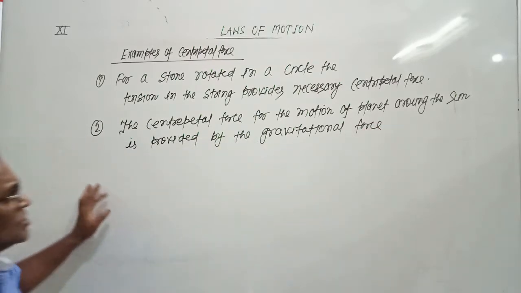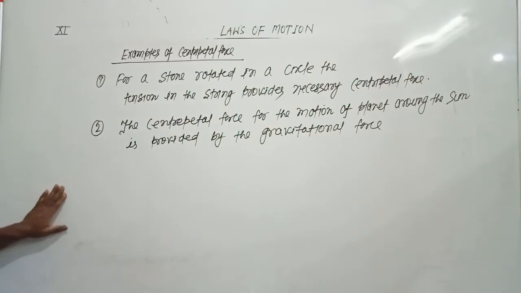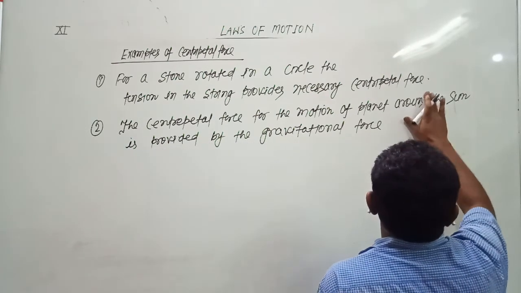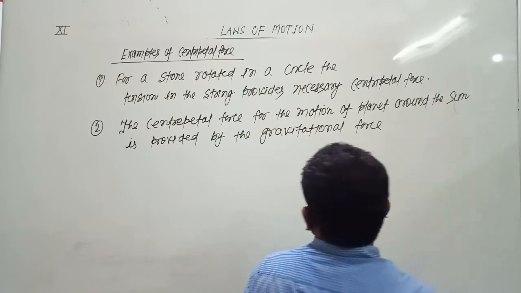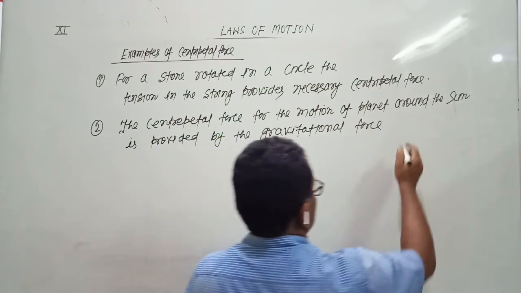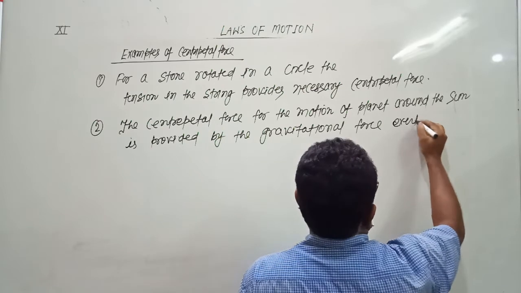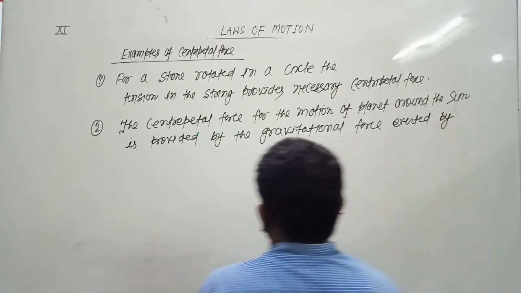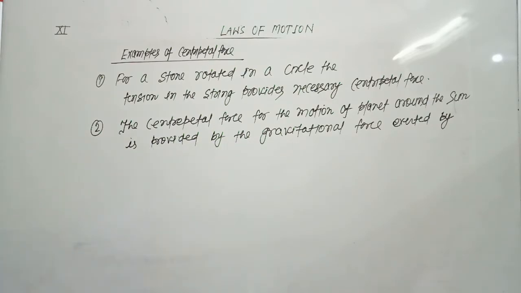The centripetal force for the motion of a planet around the sun is provided by the gravitational force exerted by the sun on the planet.